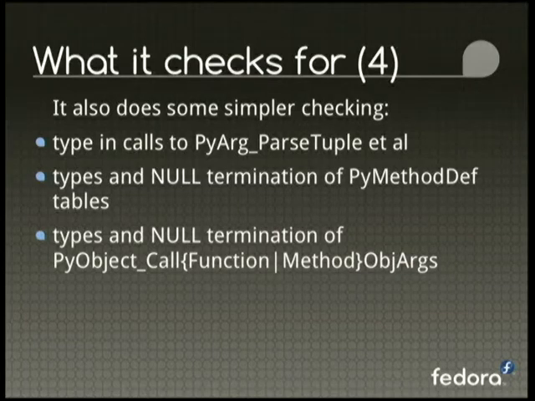A plain old C compiler has no way of checking that you got that right. And unfortunately, if you get it wrong, you can crash the interpreter, have data corruption and memory leaks, or no problem at all, and you can have problems lurking. So cpychecker understands those little mini languages and warns you about them. And there are a few other similar checks that it adds, which I give on this slide as well.